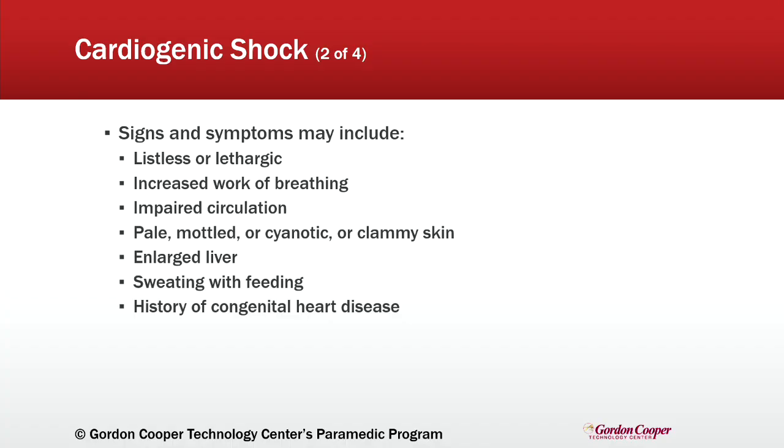Some signs and symptoms we might expect to see: listlessness, lethargy, increased work of breathing due to heart failure and pulmonary edema, impaired circulation. They may have pale, mottled, cyanotic or clammy skin, abnormal pulse rates or rhythms, or findings of a murmur or gallop. They may even have an enlarged liver, sweating during feeding, or a history of congenital heart disease.